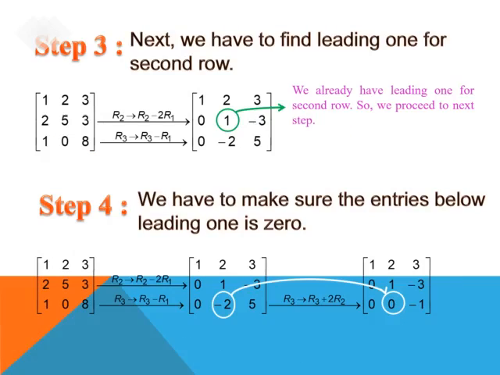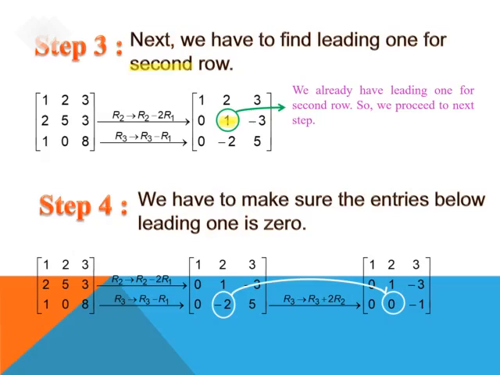Next, step 3. We repeat again. We have to find the leading one for the second row. So, as you can see from the previous matrix, we already have the leading one here for the second row. So we proceed to step 4. We have to make sure the entries below the leading one are 0.